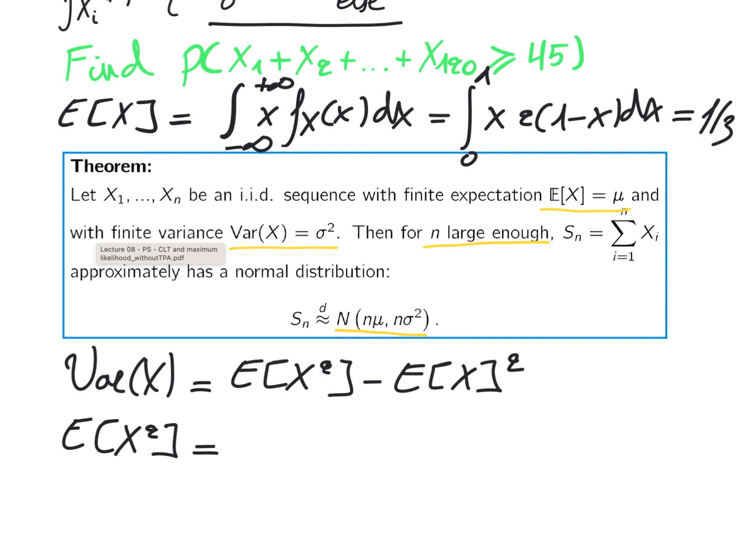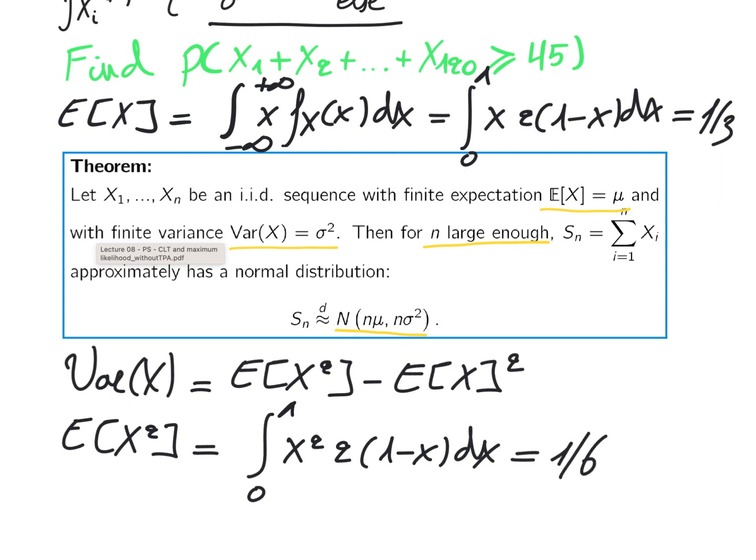Well, and actually that's very similar to computing the expectation of x, because in this case we can multiply x squared with our density function and then integrate once more from 0 to 1. If you would compute this integral, you would find an expectation of x squared of 1 over 6.